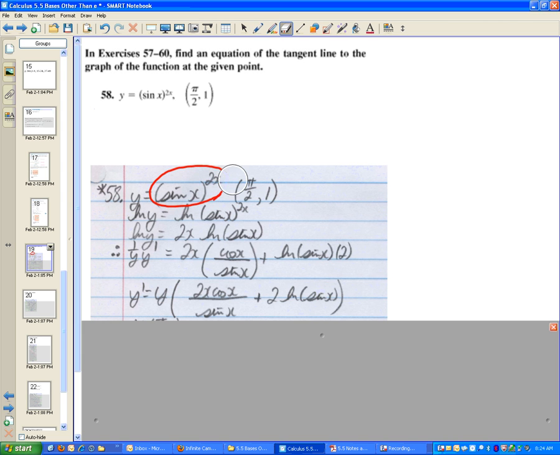Since I know a point that this tangent line goes through, I can substitute pi over 2 in for x, there, and there, and there, and there. And I can substitute 1 in for y right there. That's not so bad, now is it? So that's what I'm going to do.